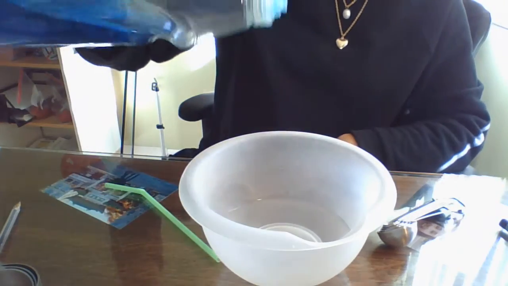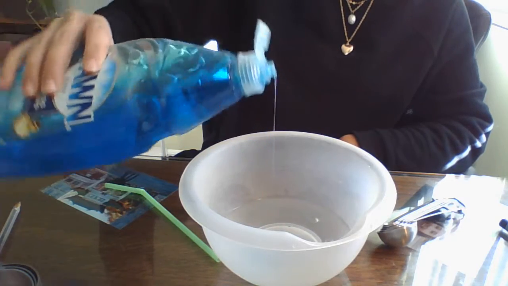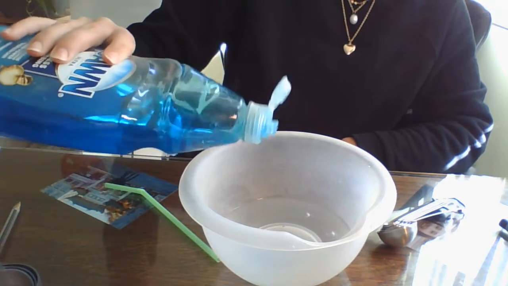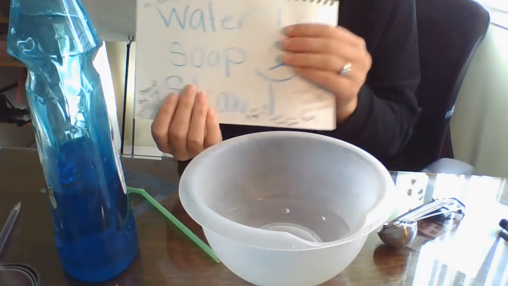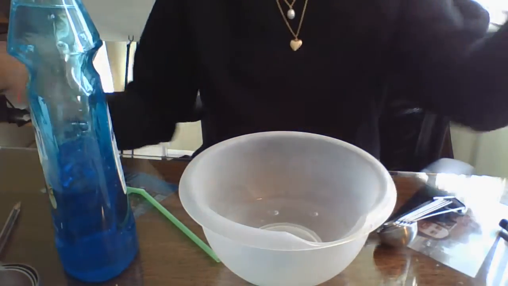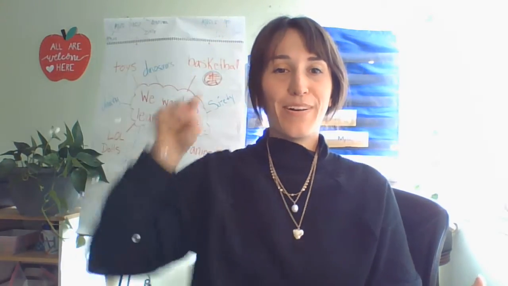Count with me. 1, 2, and 3. 3 drops of soap. There's my number 3. Okay, so we've got 3 drops of soap, 1 cup of water, and now there's my bubbles. Pop, pop, pop.